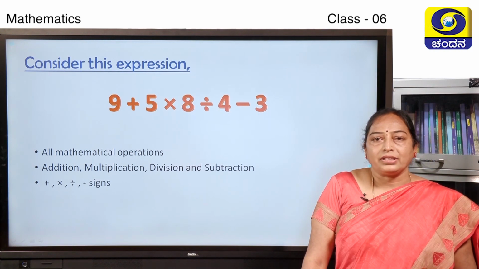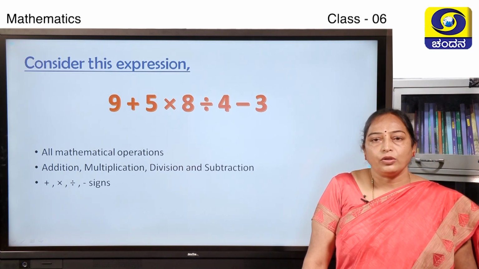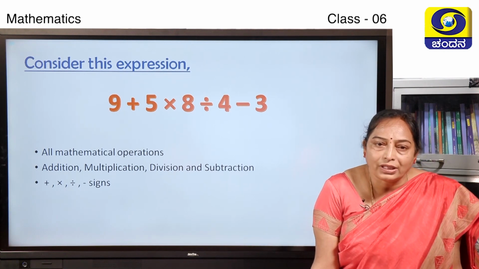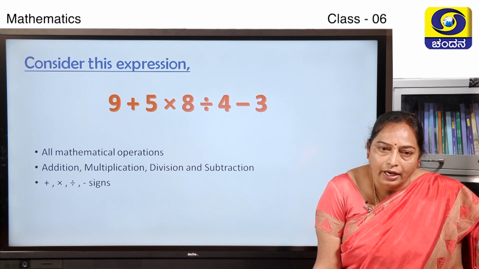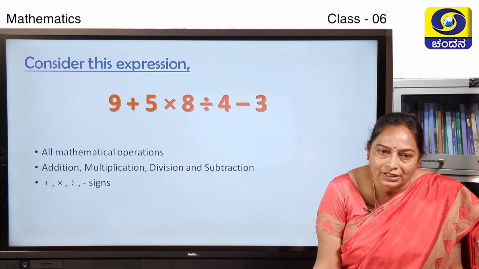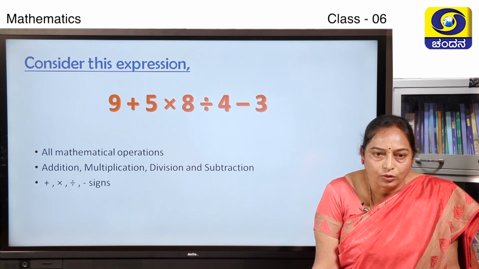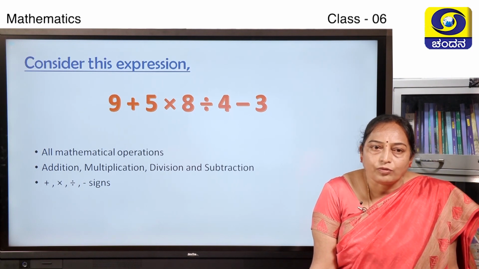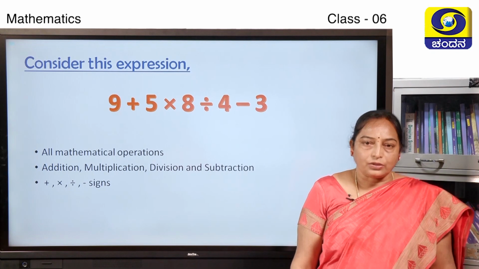How do we solve this? Do you know, children? Which operation do we do first? Addition, multiplication, division, minus? No. We should follow one rule. That rule is called BODMAS rule.